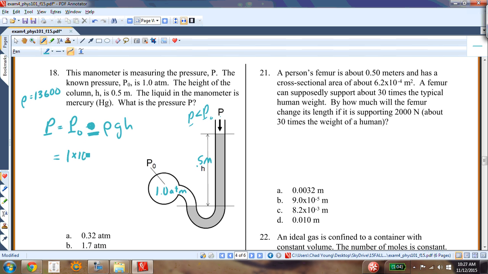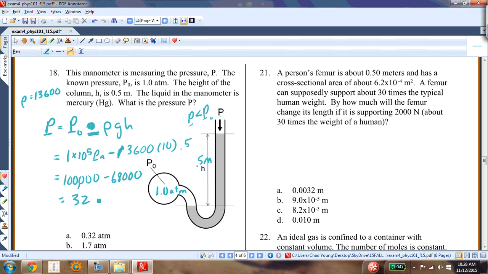That's 1 times 10 to the 5th pascals minus 13,600 times 10 times 0.5. So it's 100,000 minus 68,000.